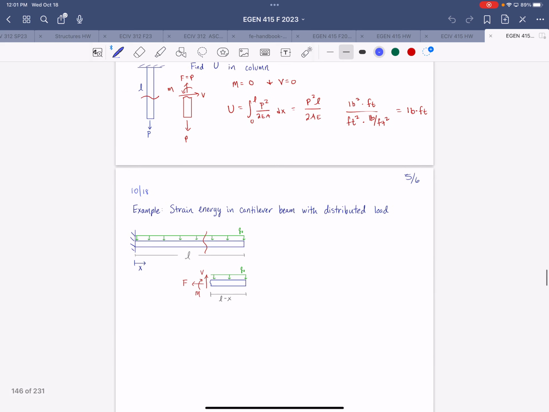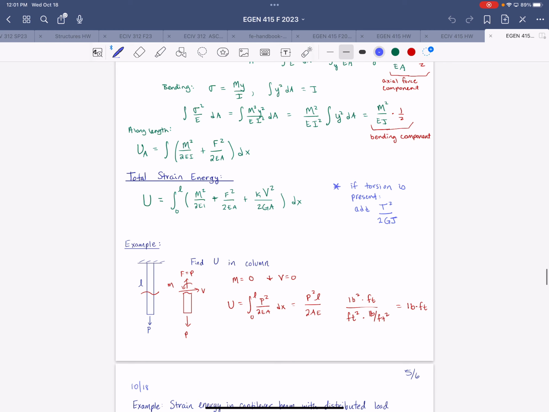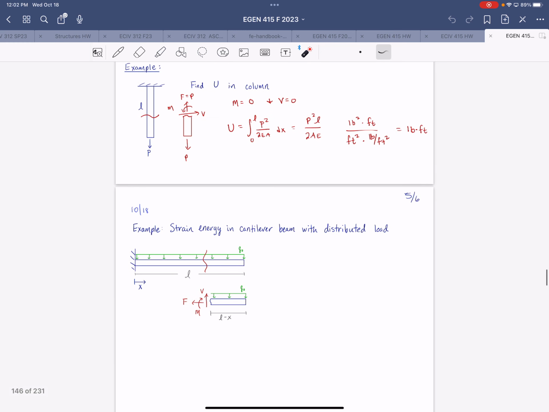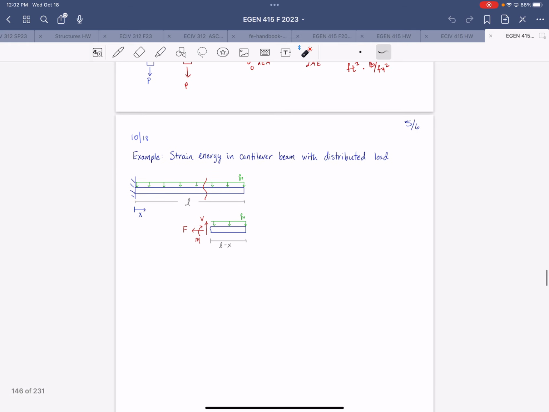All right, so last time we left off after just doing this short example demonstrating the application of calculating strain energy in this column. So that's just a uniaxial condition. Now we'll look at a slightly more involved problem, which is a beam with a distributed load on it.